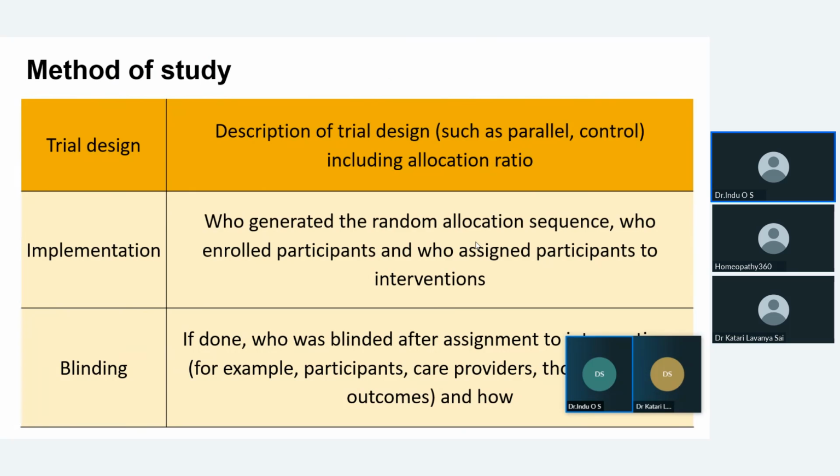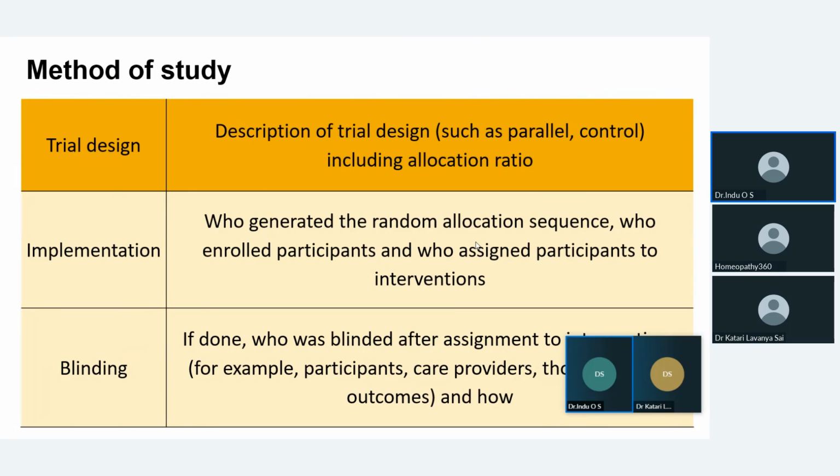And how we are blinding the participants, like single blinded, double blinded study, all these things you may know. Blinding means who was blinded after assignment to intervention. The participants can be blinded, so they may not know which group they are included in, whether it is the experimental group or the placebo or control group.